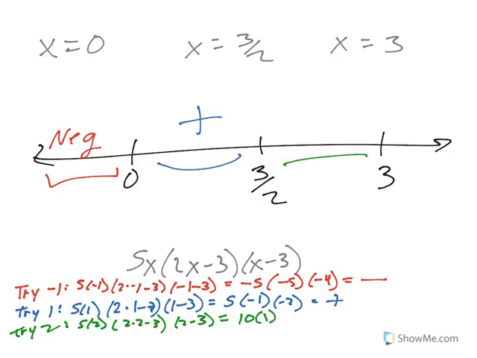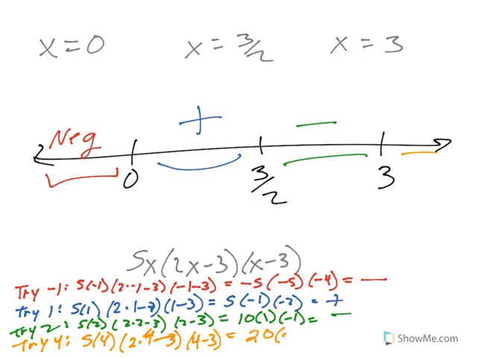That's 10 times 1 times -1. Two positives and a negative is a negative. Then to the right of 3, we can try 4. So 5 times 4, 2 times 4 minus 3, and 4 minus 3. That gives me 20 times 5 times 1. Three positives is a positive.